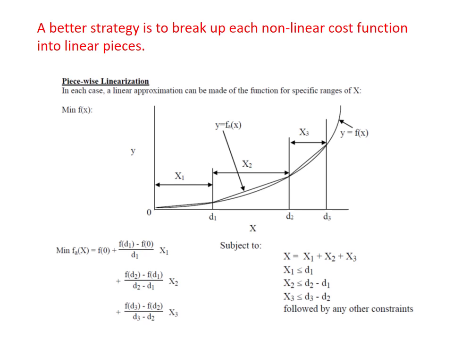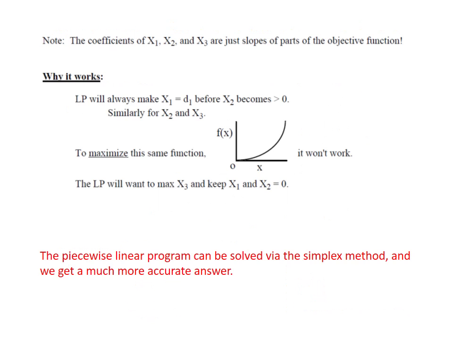And the slope of each line we're calculating for each individual interval as the difference in y value at each interval boundary divided by the length of that interval. So again, in the objective function, the coefficients in front of x1, x2, and x3 are just the slopes of the different parts of the objective function that we've broken up into linear approximations.